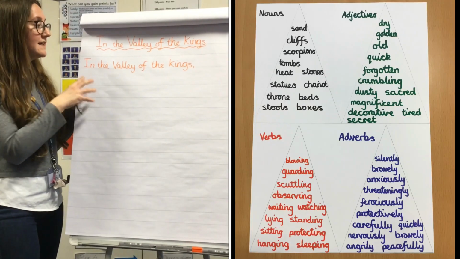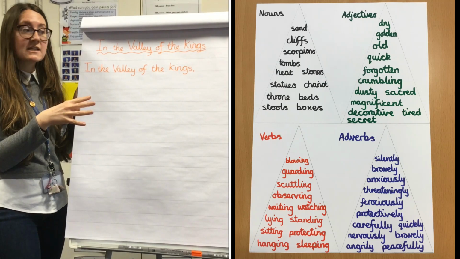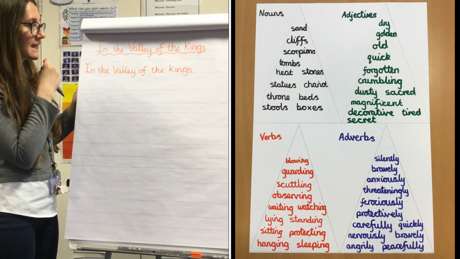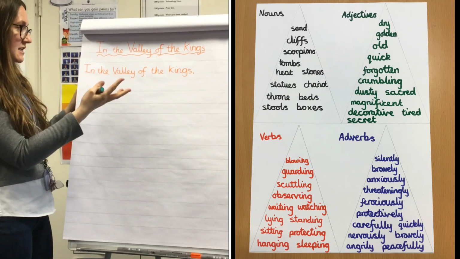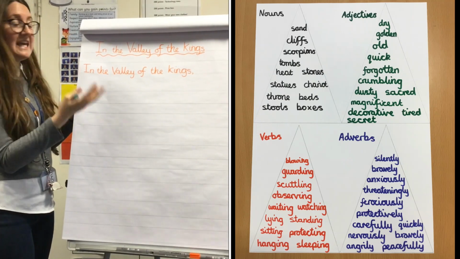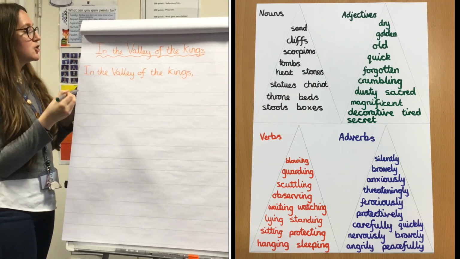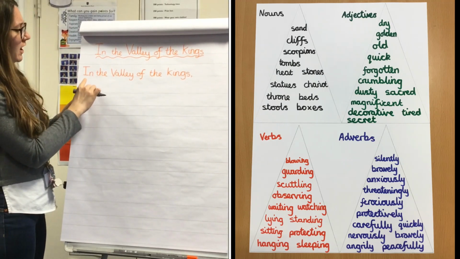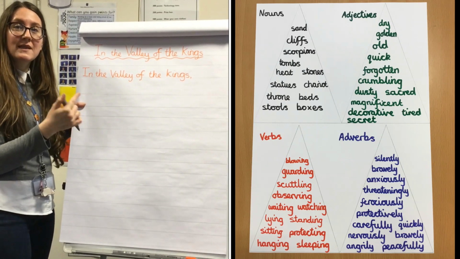So don't forget that this verse is all about what I could see outside the tomb in the Valley of the Kings. So I'm going to look back at our plan from yesterday and choose one of the nouns to write about. So I could pick the sand, I could pick the heat. I'm going to talk about the scorpions. So I could just write the scorpions, but we did all the hard work yesterday of coming up with some adjectives.